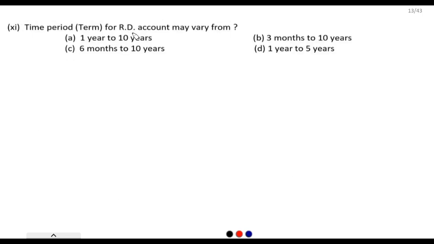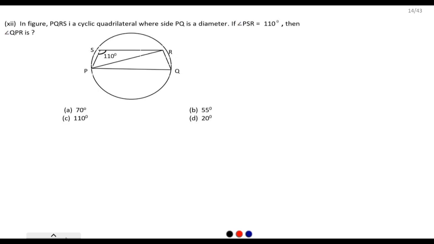Next, time period for RD account may vary from 3 months to 10 years. In the figure, PQRS is a cyclic quadrilateral where side PQ is the diameter. In questions of circles, when a diameter is given, you have to apply the property that the angle of a semicircle is 90 degrees. As soon as you see a diameter given in a question, it should strike your mind that we have to use the property angle of a semicircle is a right angle. If PQ is the diameter, then look at the figure.